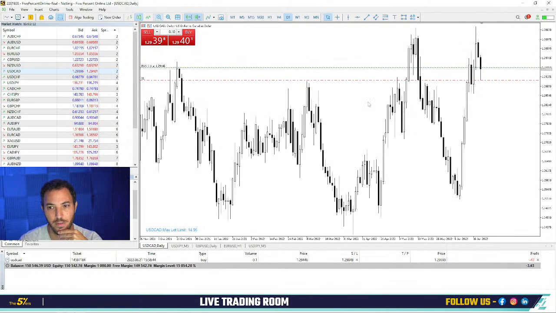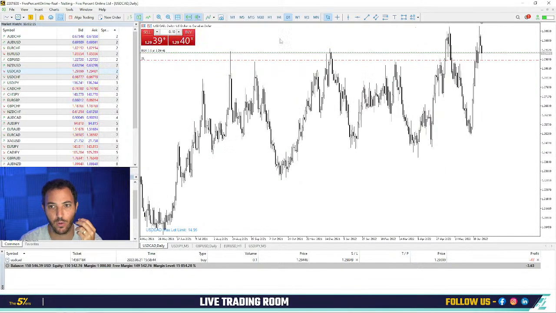Even if we look closer at how price action was formed here in order to go up, and this time to go down, and this one time to go up, this was fundamental driven.